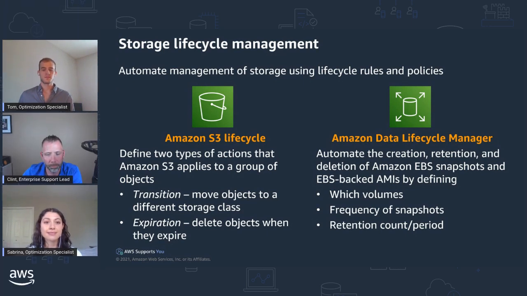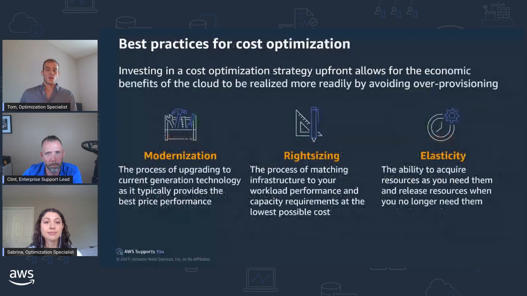Thanks, Rob. Okay, so a couple of cost optimization principles in accordance with the AWS Well-Architected Framework are modernization, rightsizing, and elasticity. As a best practice, customers should develop an internal strategy to monitor for these principles to accelerate the value realization of the cloud.